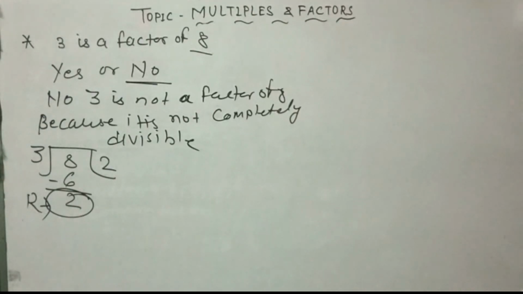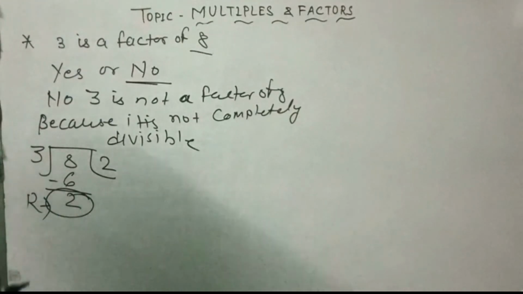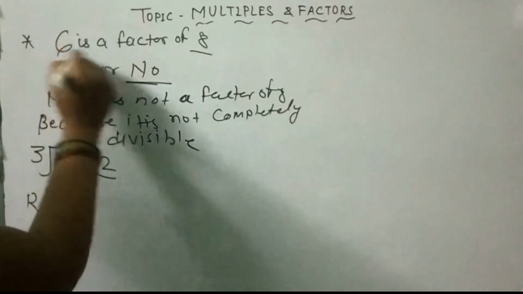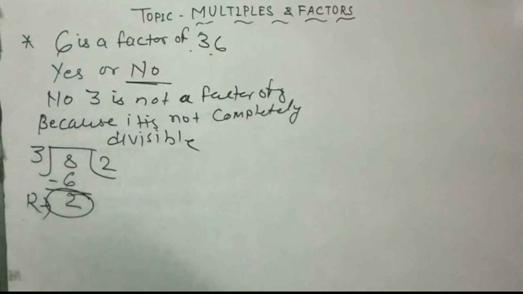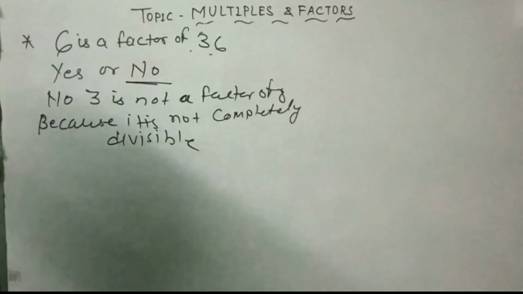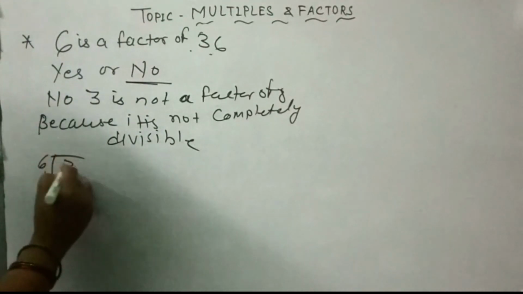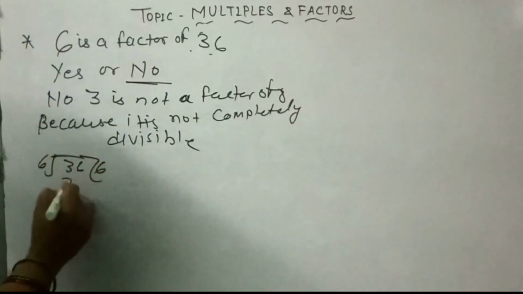If I ask you, is 6 a factor of 36? What do you have to see? Read the table of 6 and see whether 36 comes or not. Otherwise, divide: 6 divided into 36. 6 6 are 36, minus, 0.